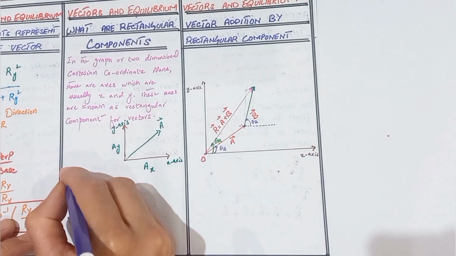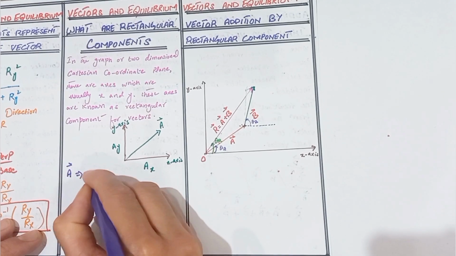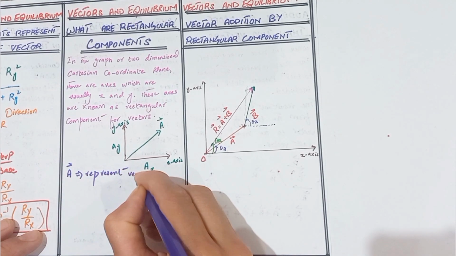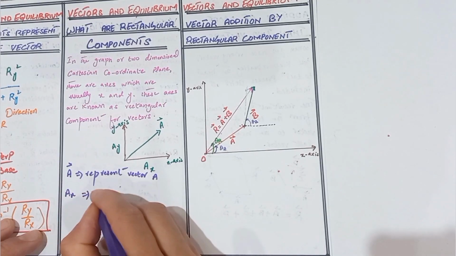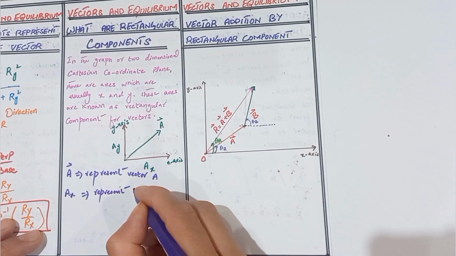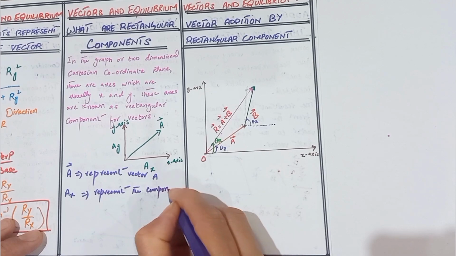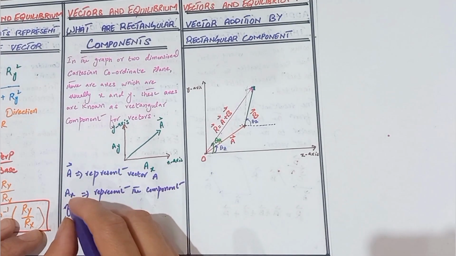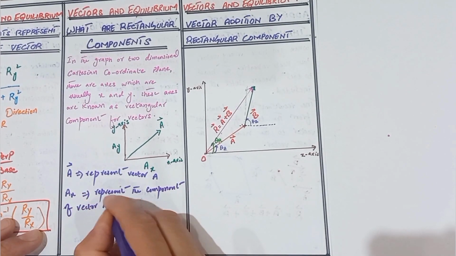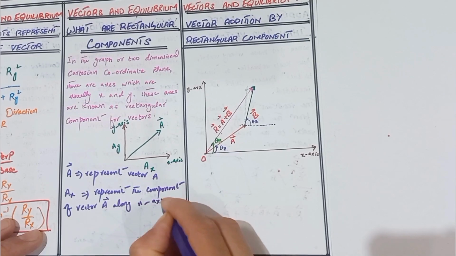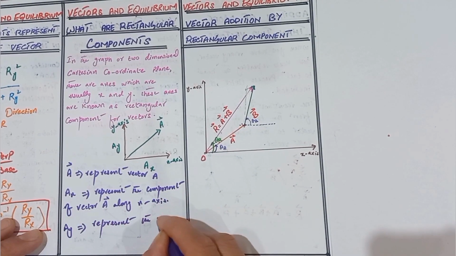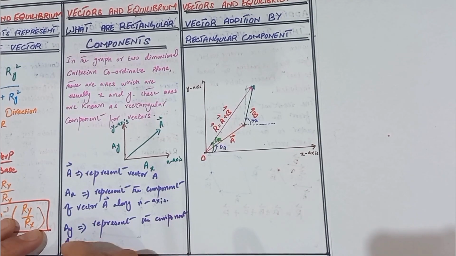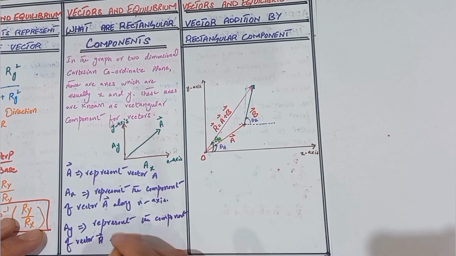Here A represents vector A, AX represents the component of vector A along the x-axis, and AY represents the component of vector A along the y-axis.